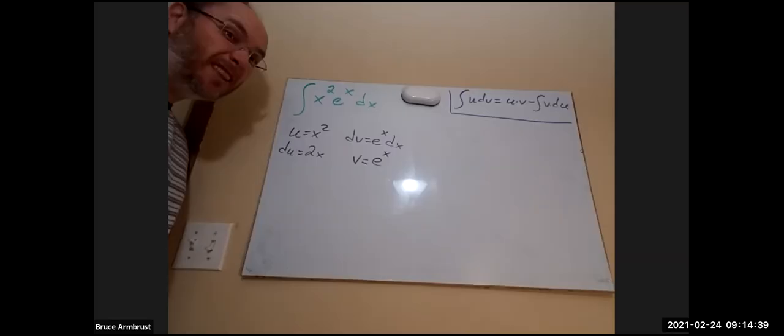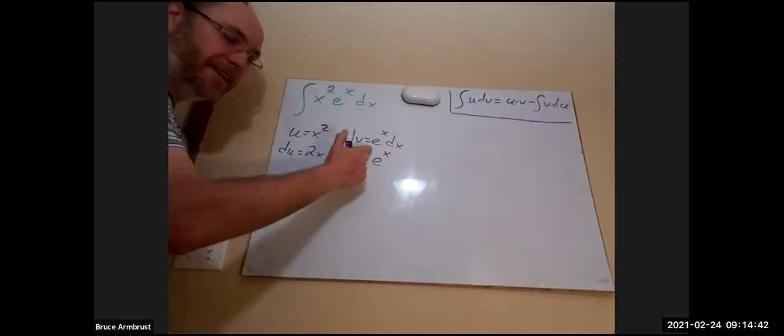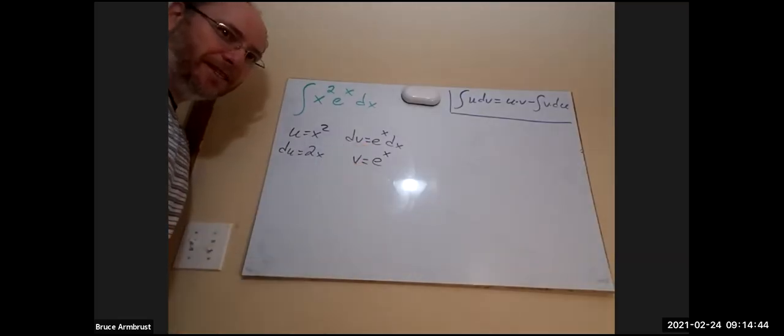So we differentiate u, so du is 2x, and we integrate dv to get v. Well, the integral of e to the x is e to the x. That's why we love having e to the x in our dv, because this integral is really easy.